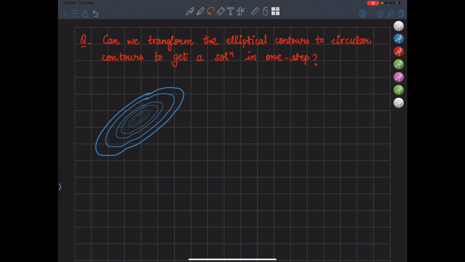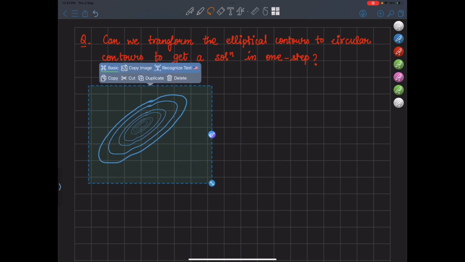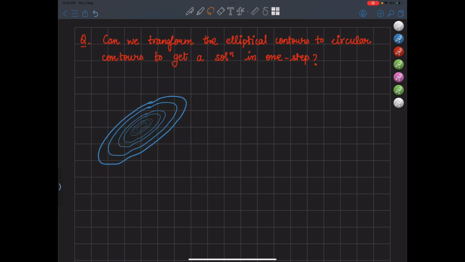Alright, so let me just draw the axis. So this is our elliptical contours. For simplicity, let the function be given by half x transpose Hx.